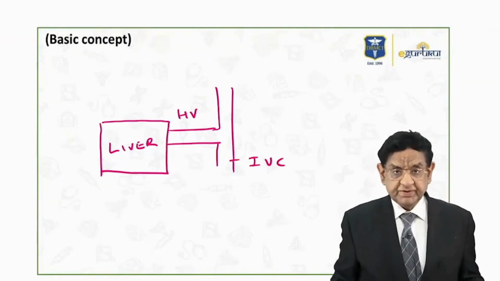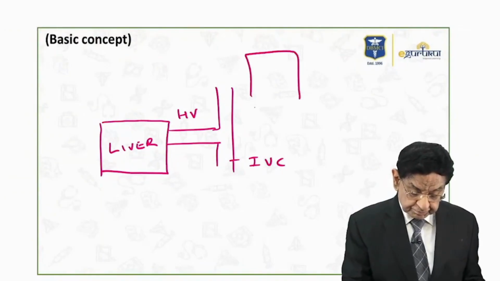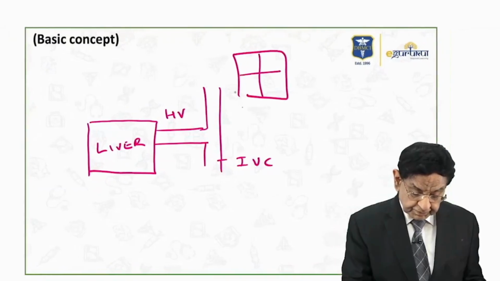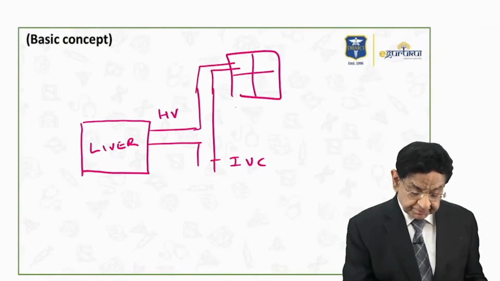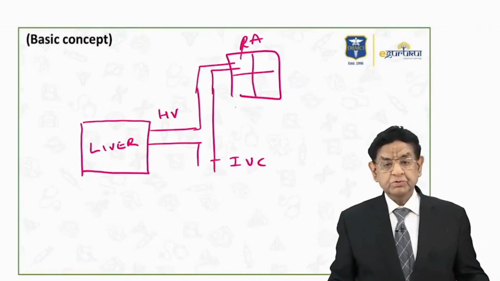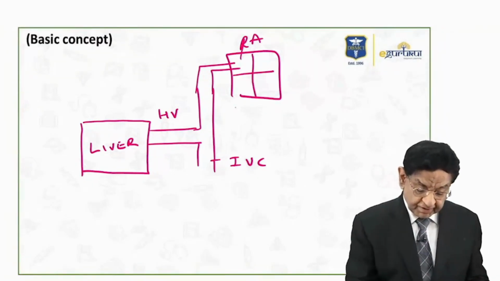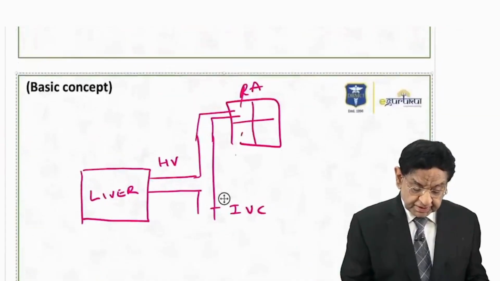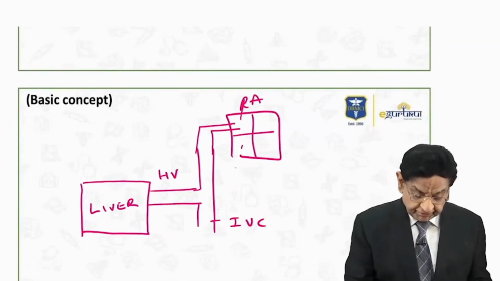And this inferior vena cava goes to the heart and it enters the right atrium. This is right atrium. So the blockage of the blood flow can be at the level of right atrium. Normally it is not a very important cause, but it may be at the level of inferior vena cava.